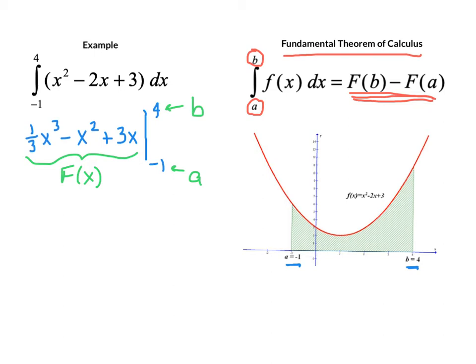So now it's just a matter of plugging in our upper bound first, capital F of 4, and then we're going to subtract capital F of -1.